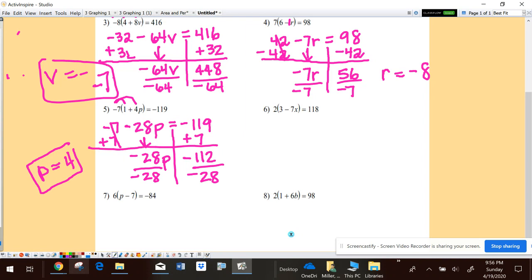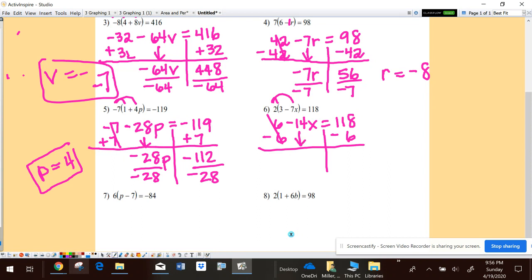All right, let's take a look at this one. 2 times 3 is 6. 2 times negative 7x is negative 14x equals 118. All right, see if you can solve this one from here. To check your work, we're going to subtract 6 from both sides.